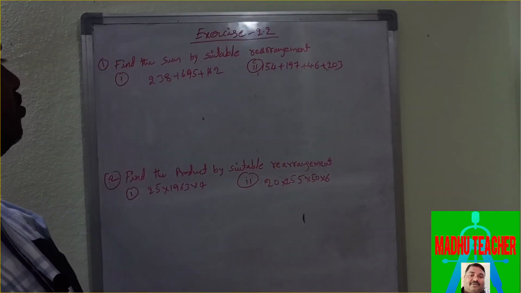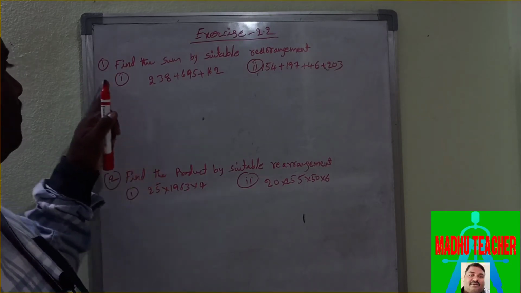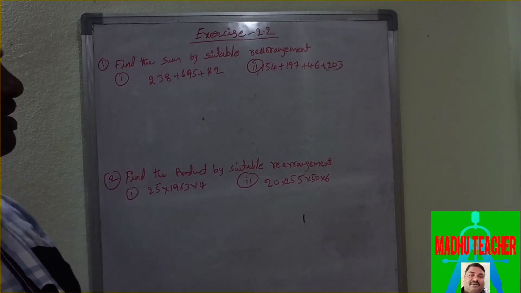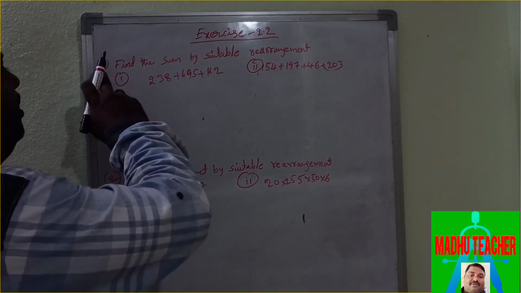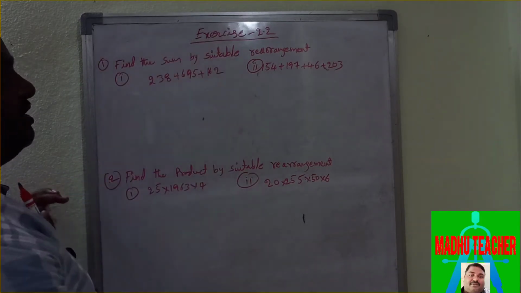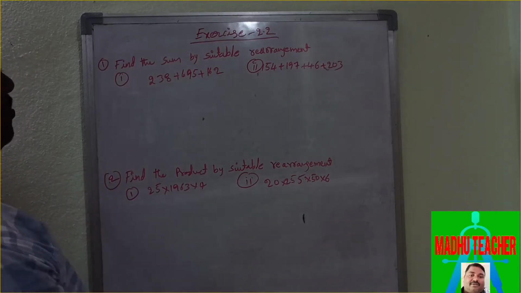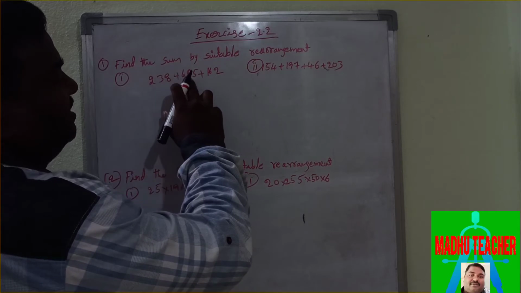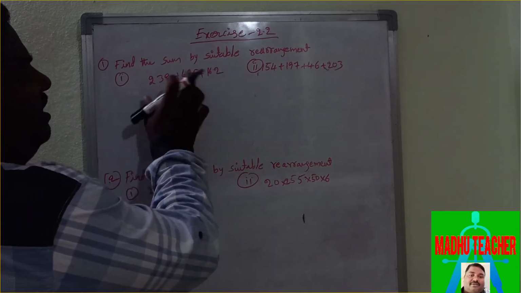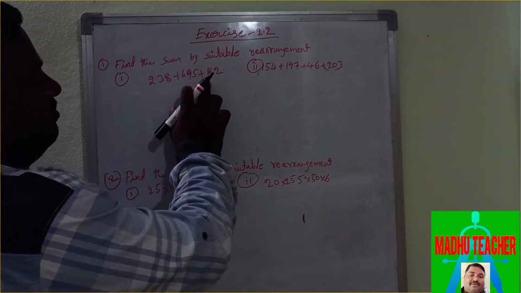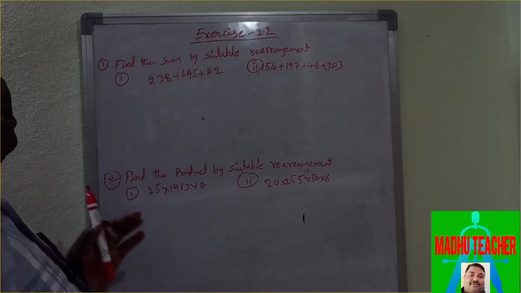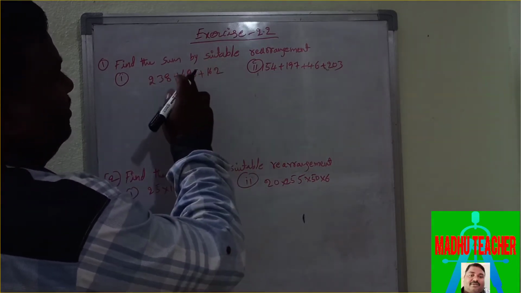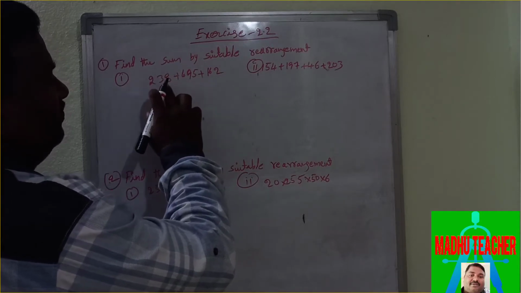From exercise 2.2, find the sum by suitable rearrangement. It is the second question in exercise 2.2. Here, the first question is 238 plus 695 plus 162. How to rearrange the numbers by using some property for our convenience?